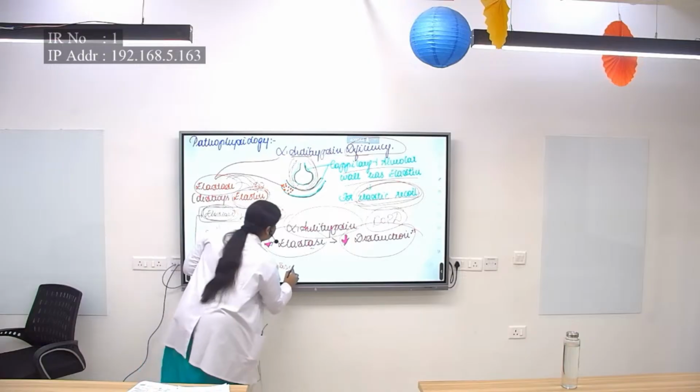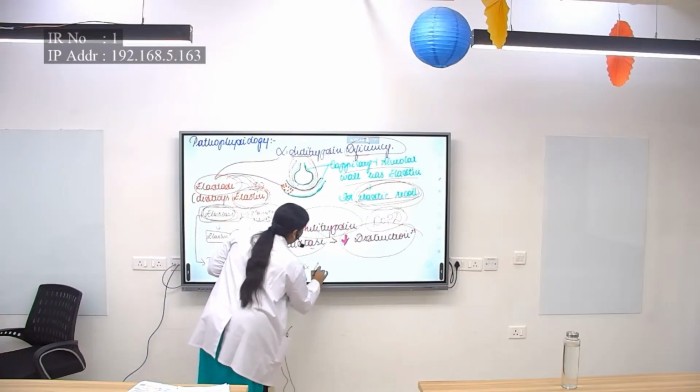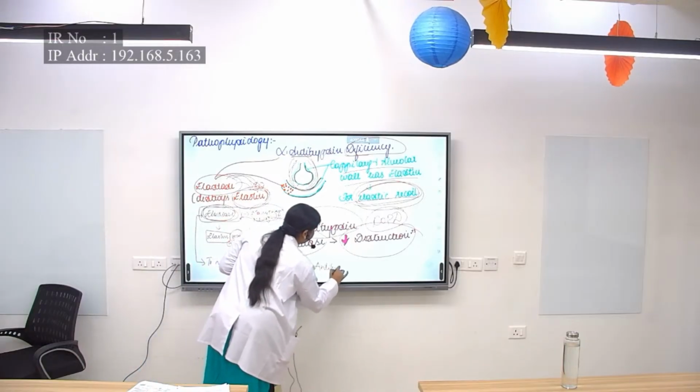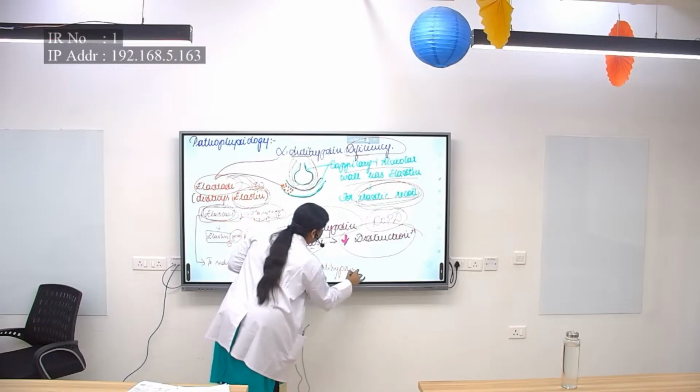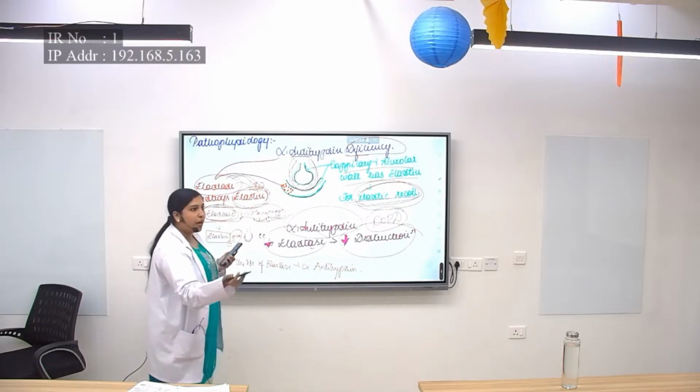To reduce the amount of elastase, alpha antitrypsin is used. So a negative feedback mechanism is started.